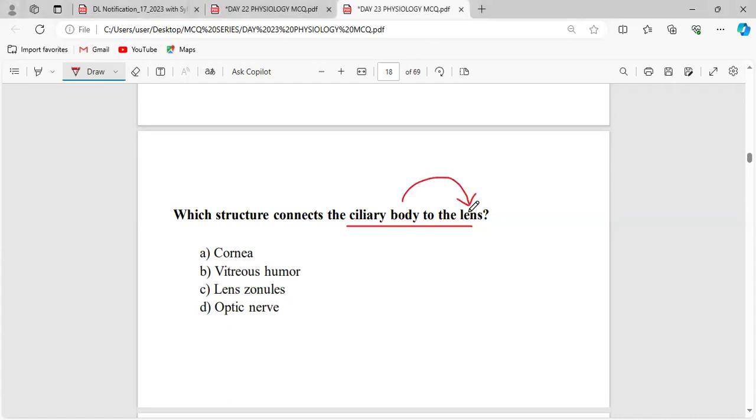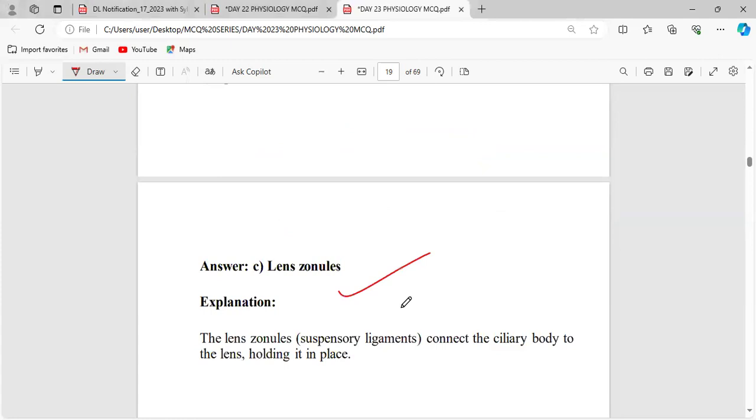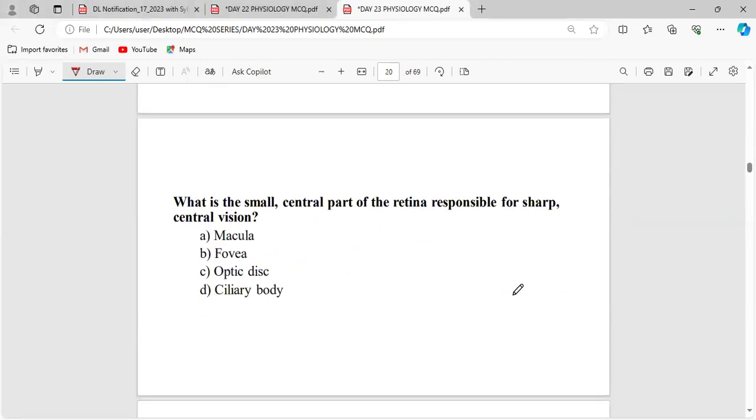The ciliary body connects with the lens through a particular structure so that we can focus on things very clearly. The name of the structure is the zonules of the lens. We also call them the suspensory ligaments. What is the small central part of the retina responsible for sharp and central vision?